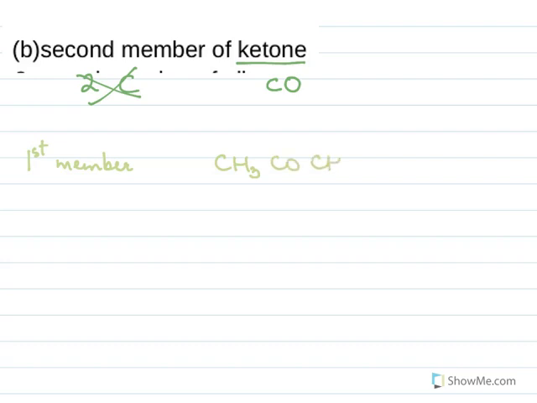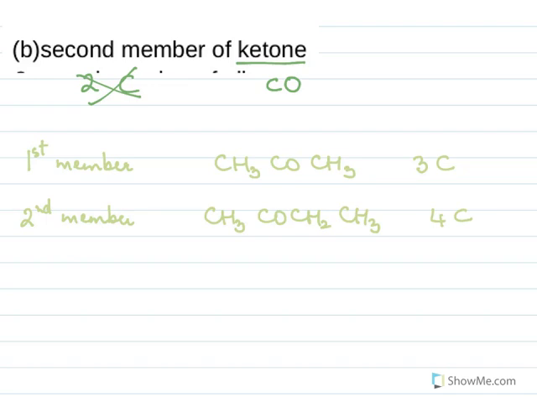Ketone starts with 3 carbons. The first member starts with 3 carbons. That means the second member will have 4 carbons, and the second member will be CH3, CO, CH2, CH3. This will be the second member.